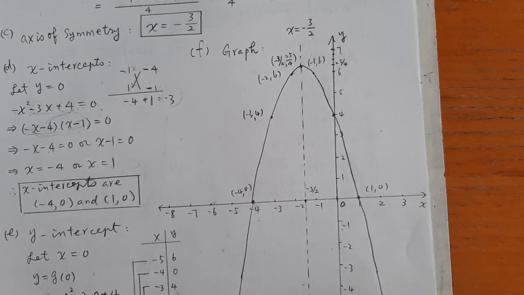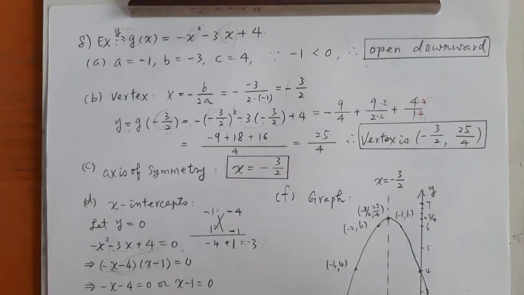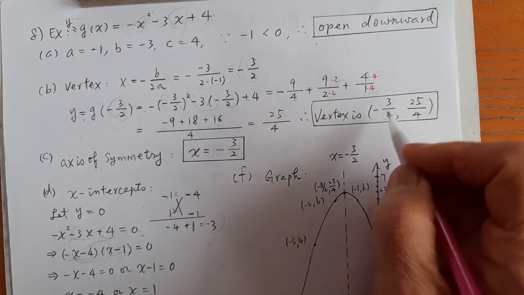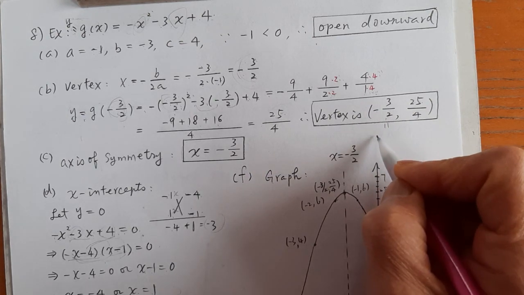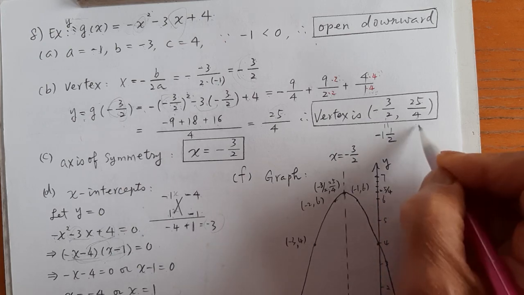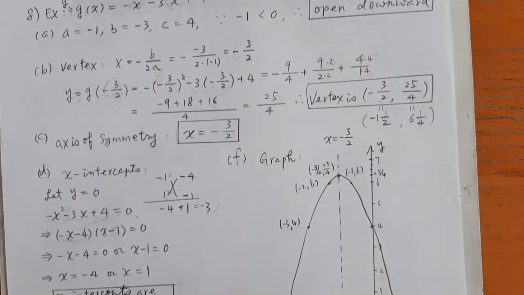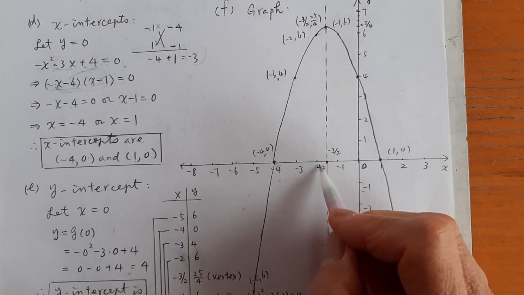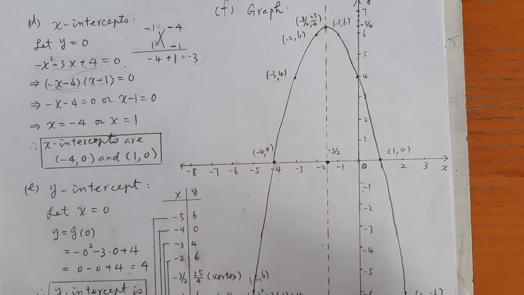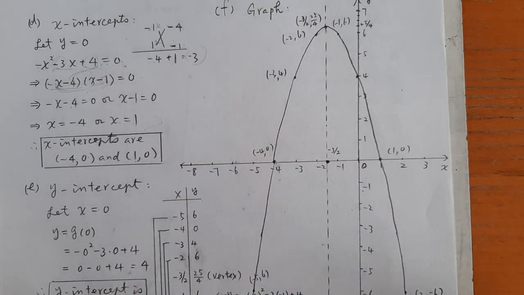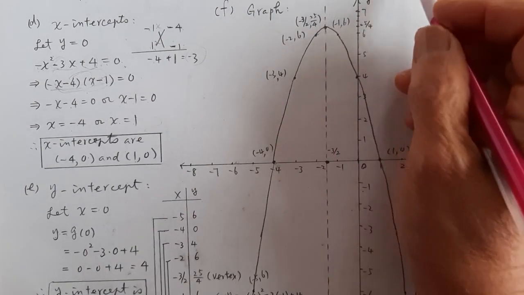Now, first of all, we know it opens downward, since a is negative. Then the vertex is (-3/2, 25/4). -3/2 is -1 and 1/2, and 25/4 is 6 and 1/4.